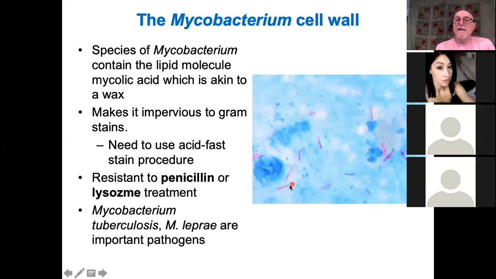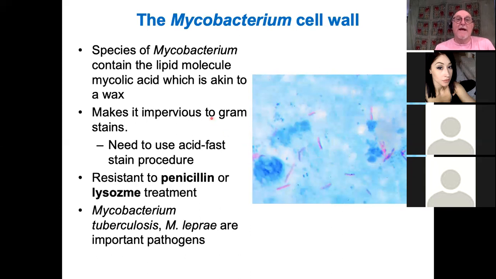This is actually Mycobacterium tuberculosis, probably in a sputum sample from somebody who is suffering from tuberculosis. This is a standard clinical procedure to test a sputum sample from somebody suspected of having Mycobacterium tuberculosis. You do an acid-fast stain procedure, and if you end up with these red-colored stains, it is positive.